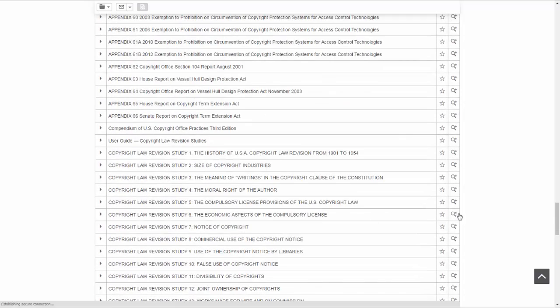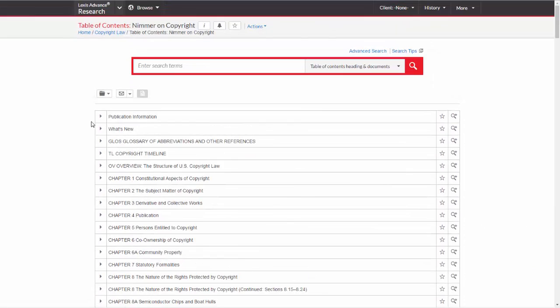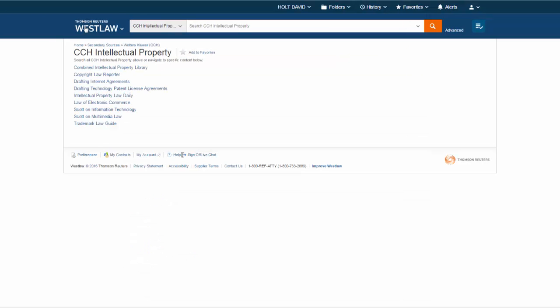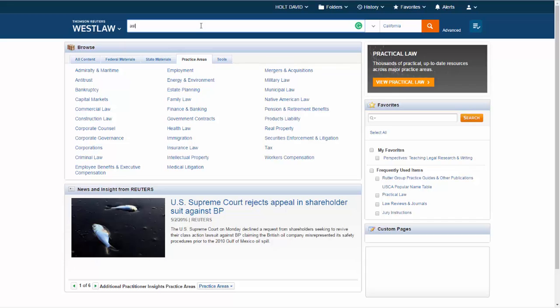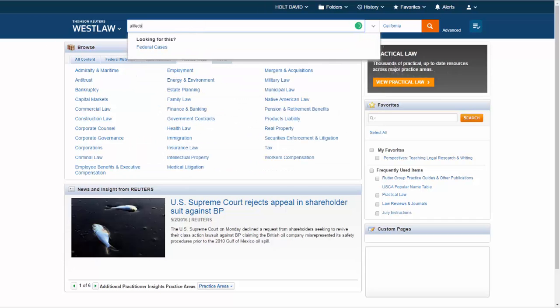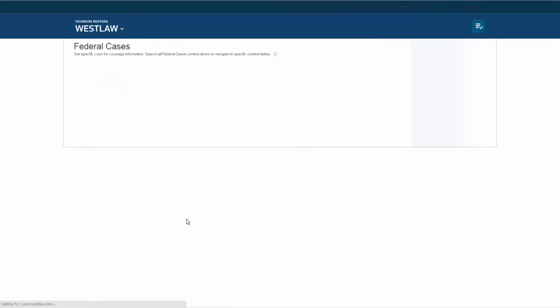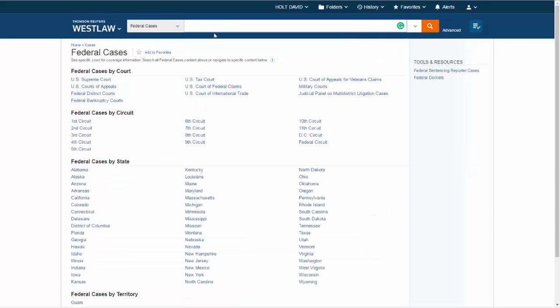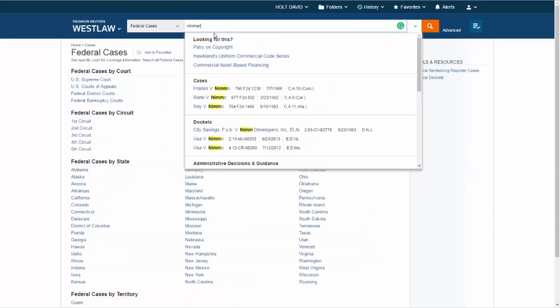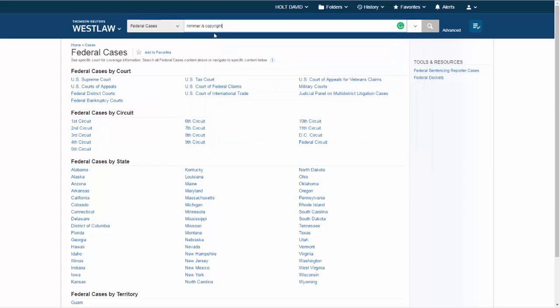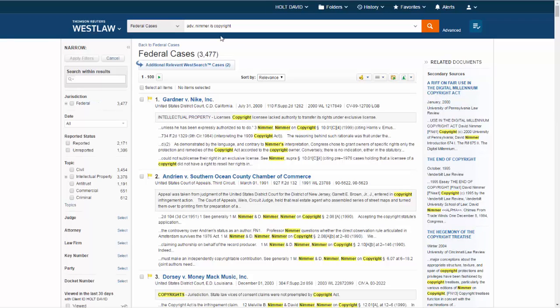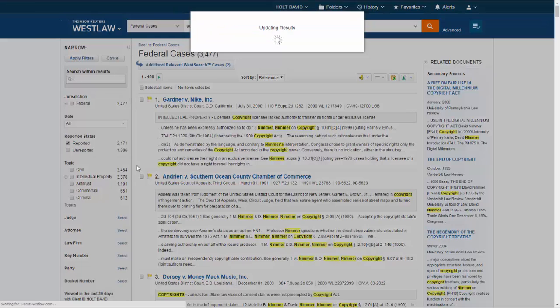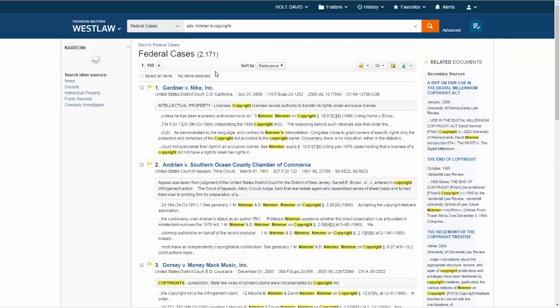And just to further that point, let me go into all feds here, into all federal cases. And if we do a search for Nimmer within the same sentence as copyright, you'll see that there's 2,100 reported cases which have cited to Nimmer.